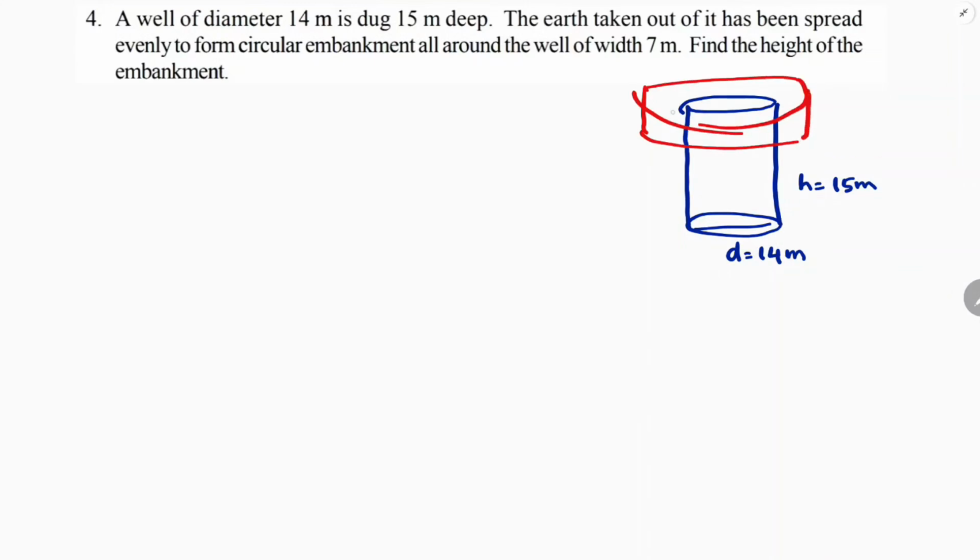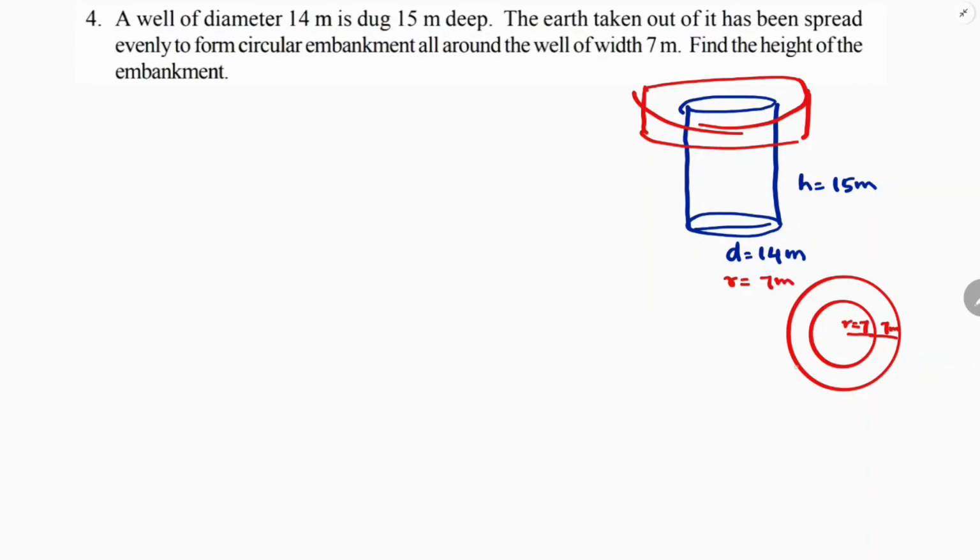See, if you see from the top view, it will be this way. It will be in the shape of a ring whose width is 7 meter. So here radius of well is 7 meters and width is 7 meters.